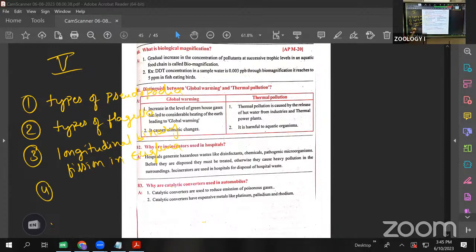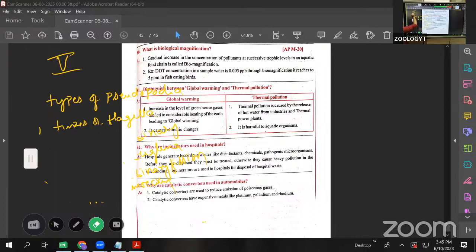Next, transverse binary fission in Paramecium. These four you compulsorily learn, and from this, one is compulsory. Next is the sixth lesson.